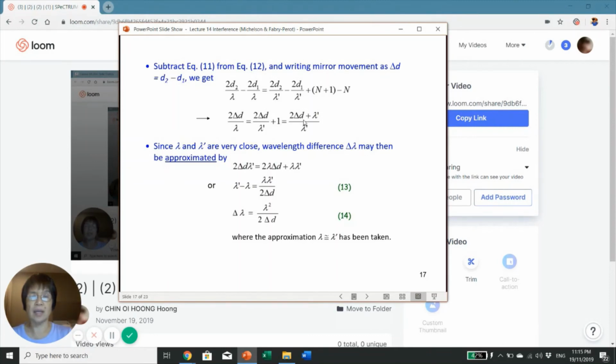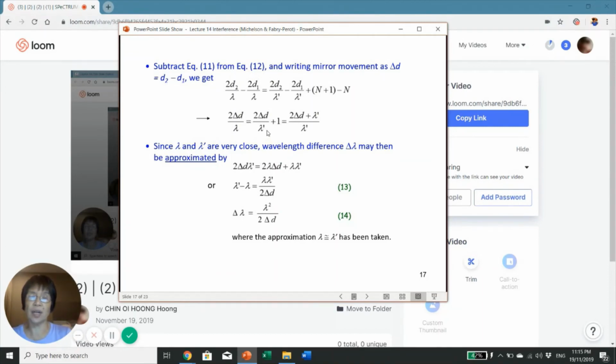So then we can also write it as 2 delta d plus lambda d over lambda prime over lambda prime. Now lambda and lambda prime are very close, so delta lambda can be approximated as 2 delta d.